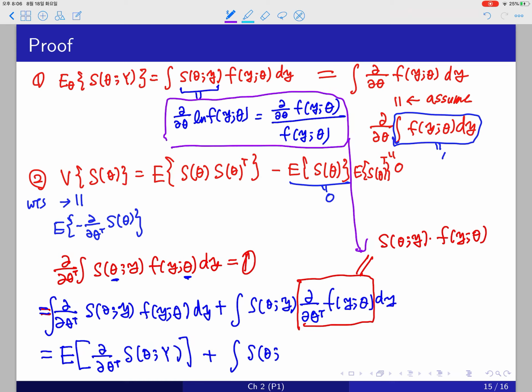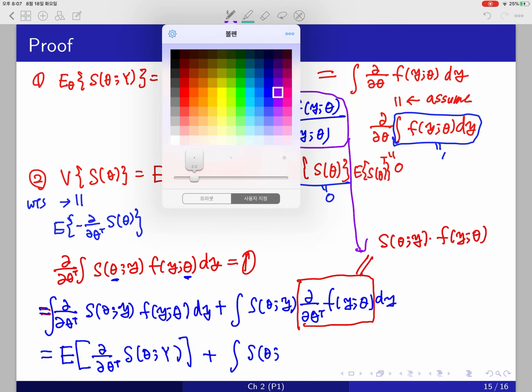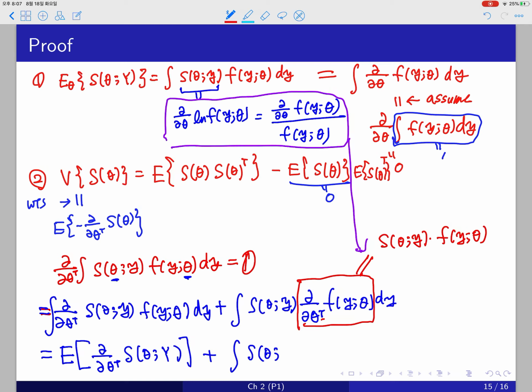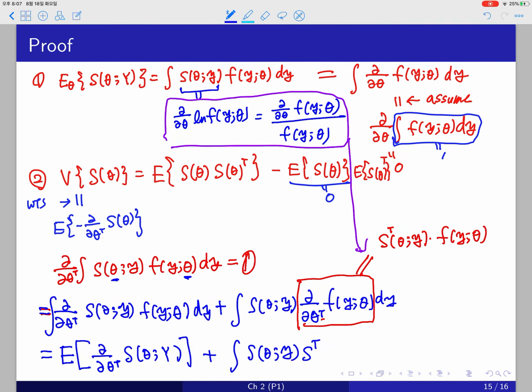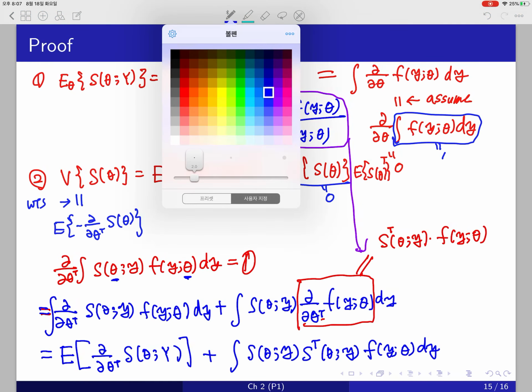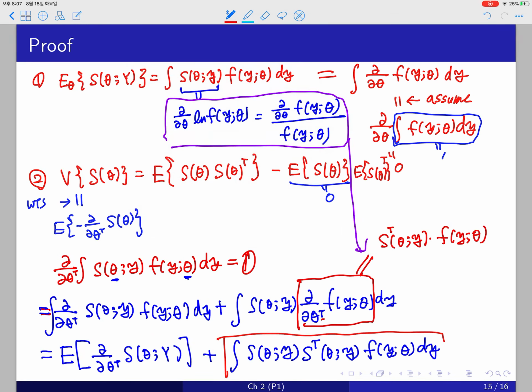But you have a transpose here, which basically gives your justification for this. So the second part is the expected value of S(zeta) S(zeta) prime.